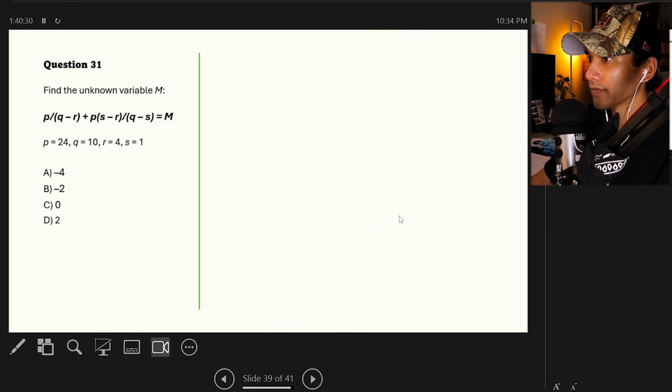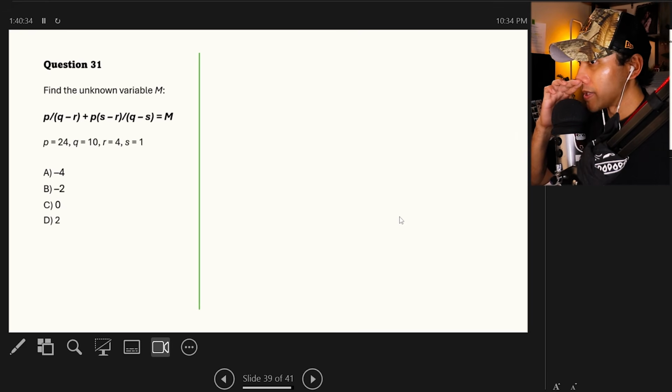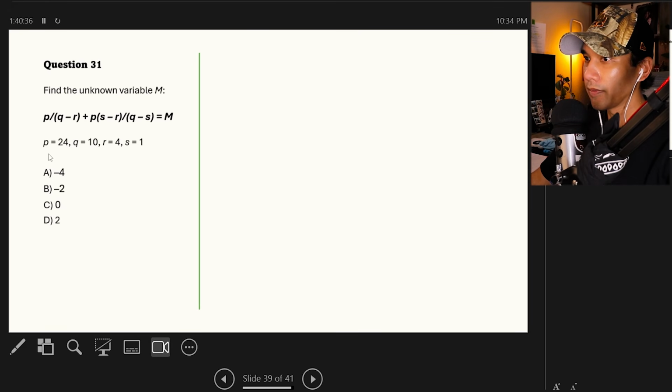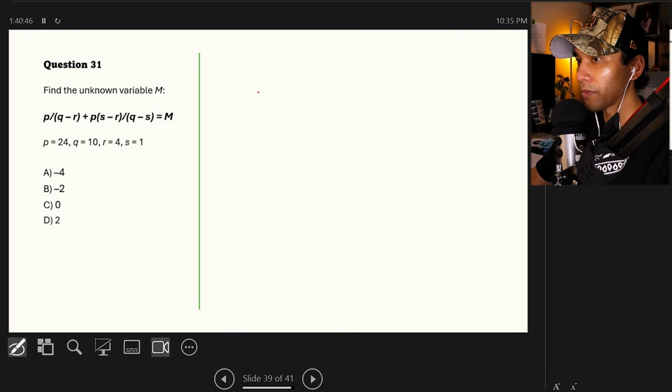All right, cool. We have another one here where we just plug in all of these variables into the equation to figure out m. So let's go ahead and do that. This is another problem where I am going to write down the problem with the variables super fast.